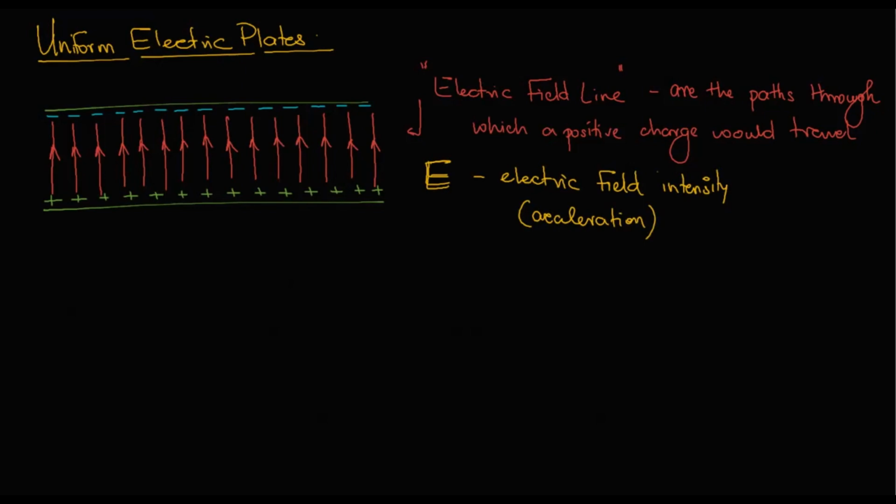In order to find the force acting on a charge, because if I place a positive charge here, it is going to move from bottom to up, and the charge is moving because there exists a force acting on that charge. So if I want to find the electric field force acting on that charge, I have to multiply the electric field intensity in this uniform electric field times the charge that I'm keeping. So we will say F equals EQ.